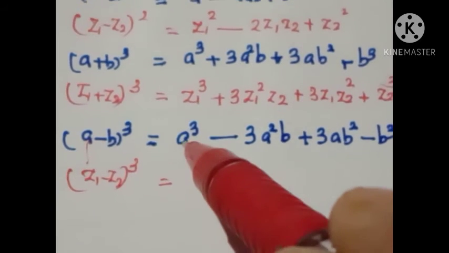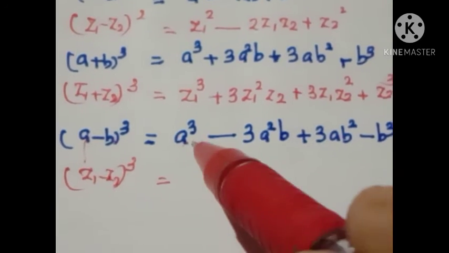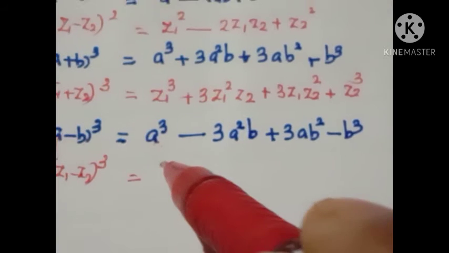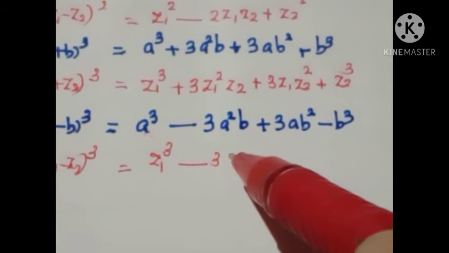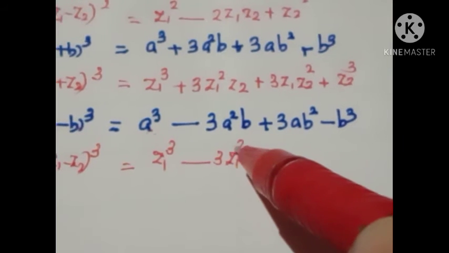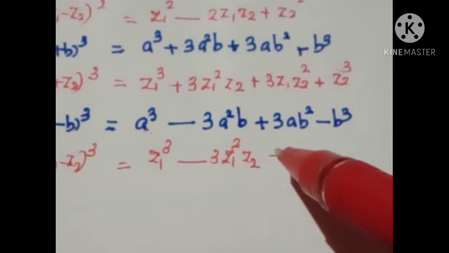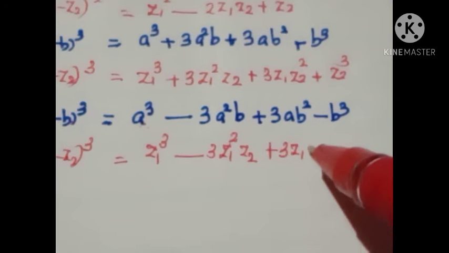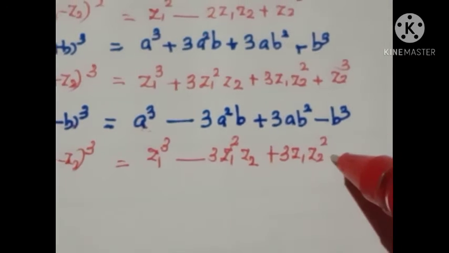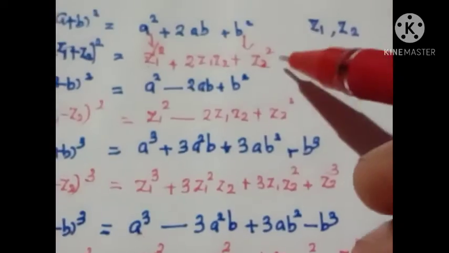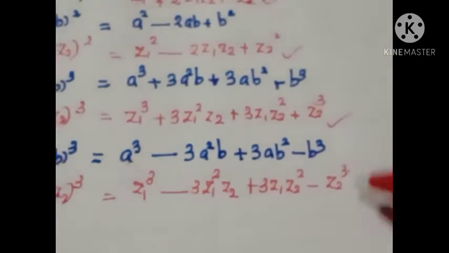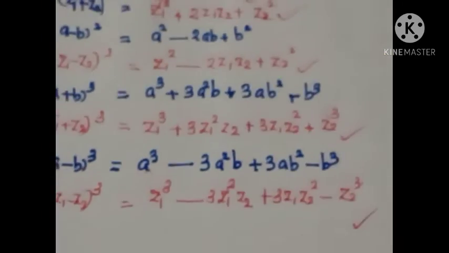Replace a equal to Z1 and b equal to Z2 in this identity. So this becomes Z1 cube minus 3Z1 square Z2 plus 3Z1 Z2 square minus Z2 cube. So for complex numbers we can define the same identities.